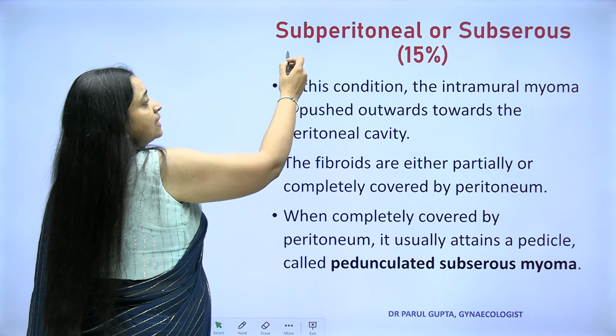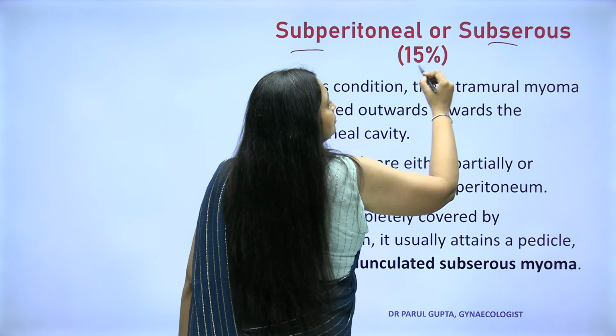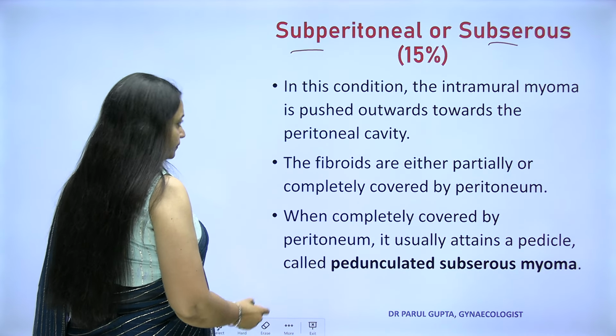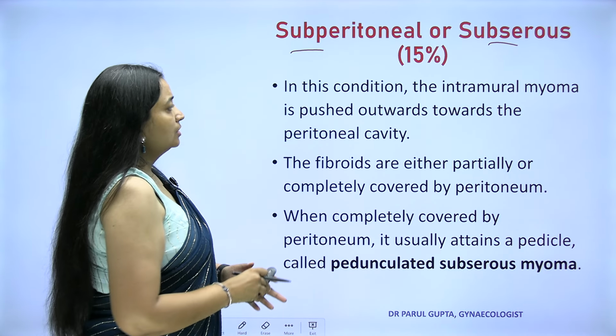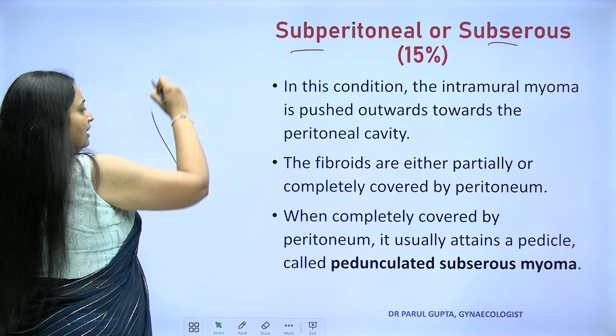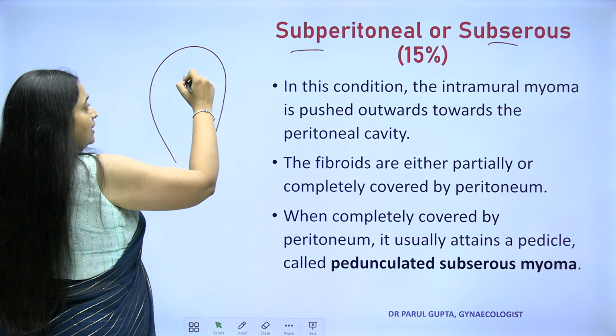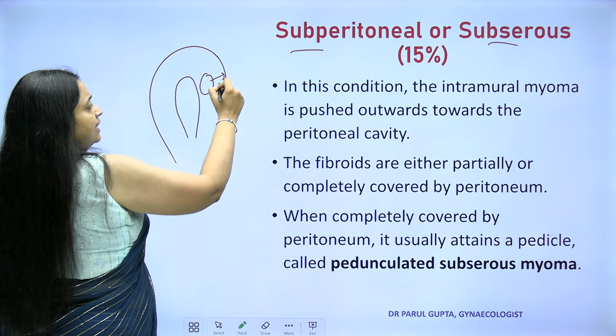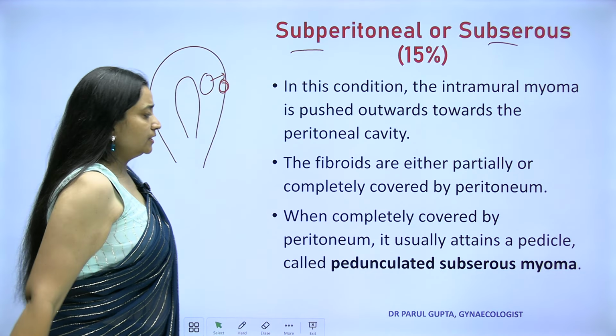Then comes your subperitoneal or subserous, 15%, what we were talking about. In this condition, the intramural myoma is pushed towards the peritoneal cavity. I have talked about it very nicely from the diagram, that the intramural fibroid is pushed outward and starts lying subserosally.